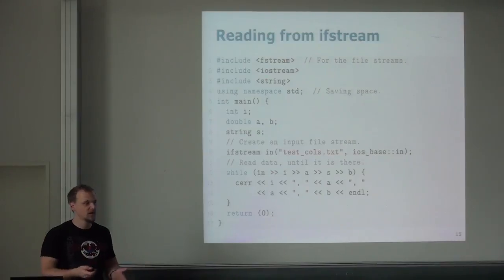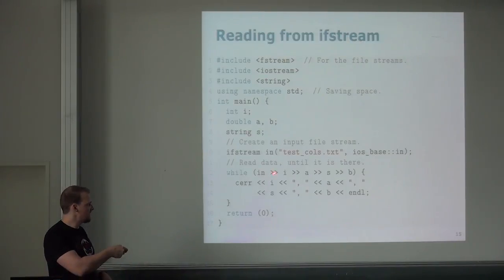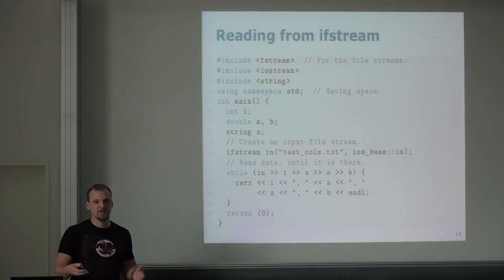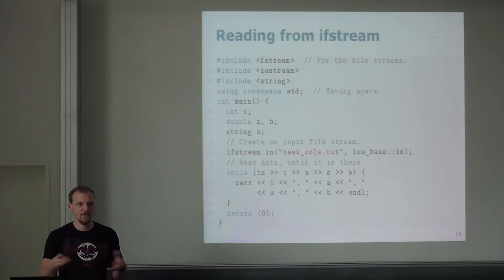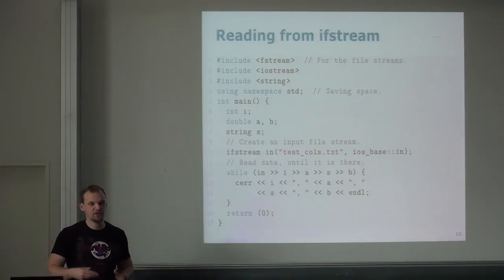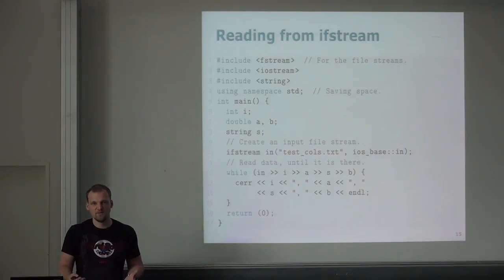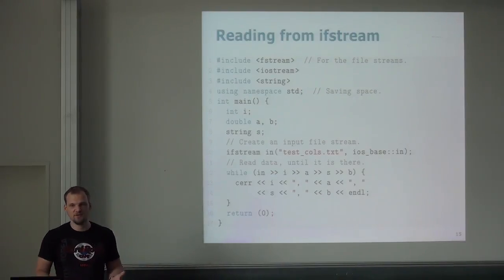That's the whole difference. Every time you use this, it's just an operator in some class, and this operator returns a value that can be converted to a Boolean. Whenever you can read something, it will return true. If you cannot read something, it will return false.